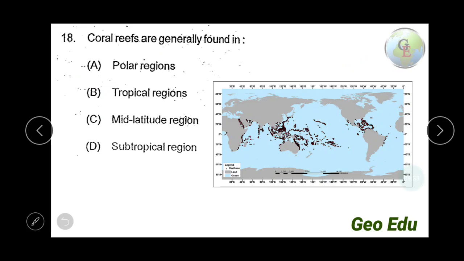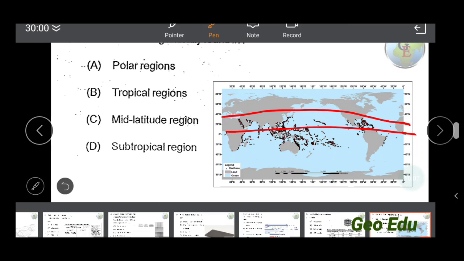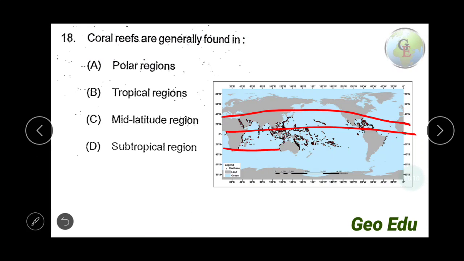Coral reefs are generally found in: option A polar region, option B tropical region, option C mid latitude region, and option D subtropical region. As you can see, here is the distribution of coral reefs worldwide, and this is the equator, and here 23.5 degree latitude in the south and north means Tropic of Cancer and Tropic of Capricorn.